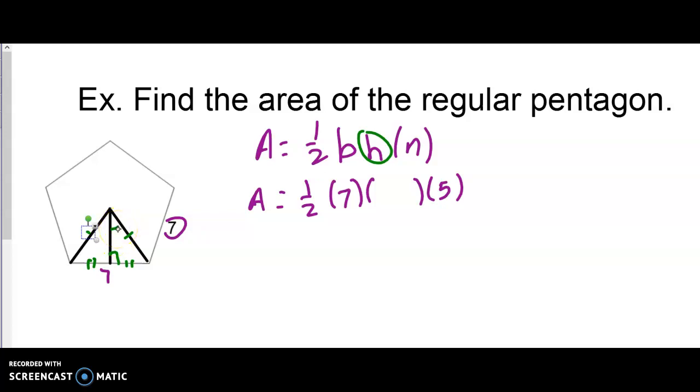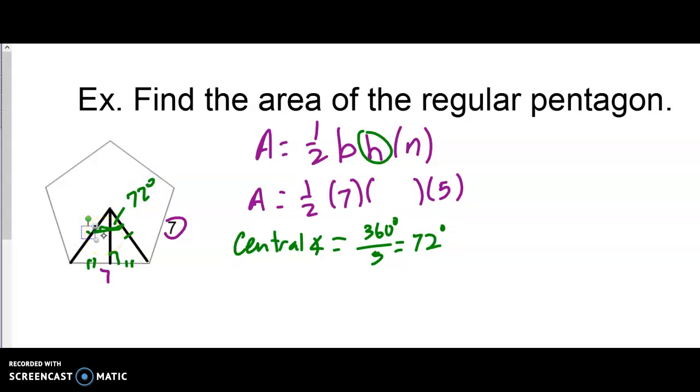To do that, the first thing I'm going to do is create my central angle. The measure of that is going to equal 360 degrees divided by however many sides I have, or triangles I have, which is 5. When I do that, I get 72 degrees. So I know that this big angle up here is 72 degrees, correct?